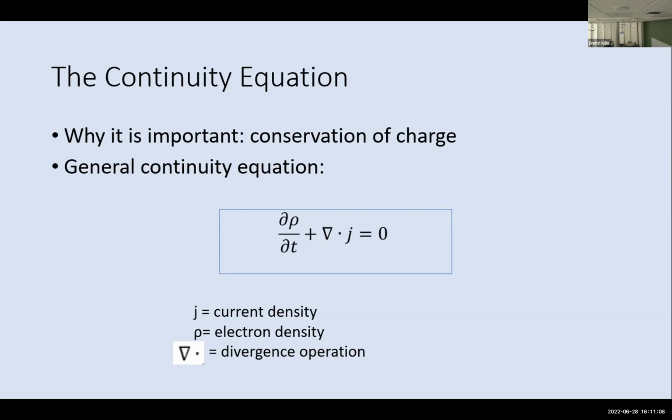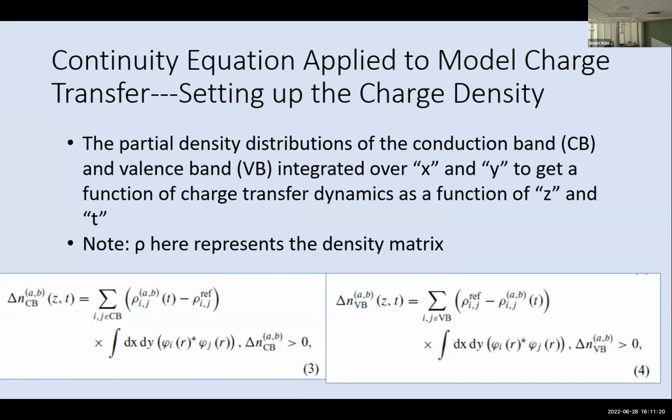One way it generally gets described is the partial derivative of the charge density with respect to time added to the divergence of the current density. To adapt it to our model, we need to look at a couple of partial density distributions. We have here on the bottom left the partial density distribution of our valence band, and on the right, our conduction band.